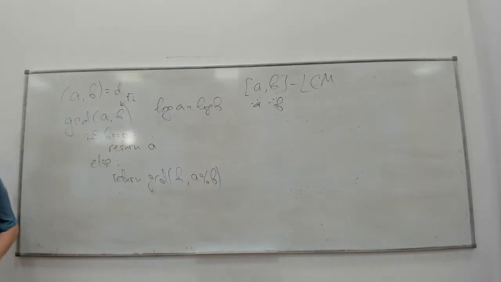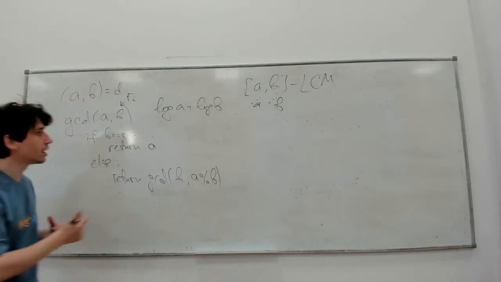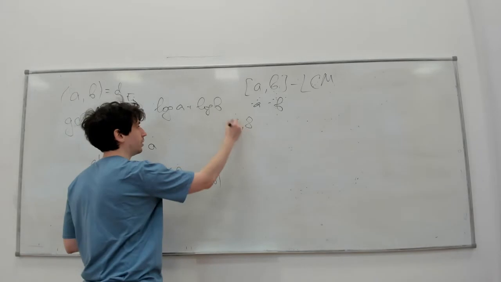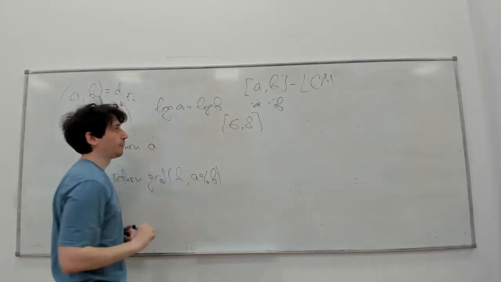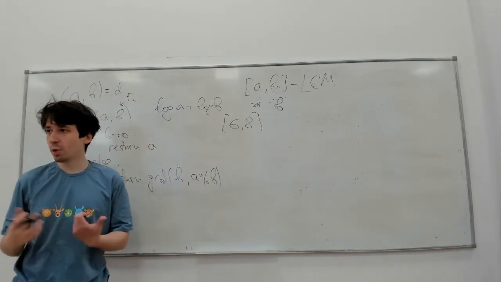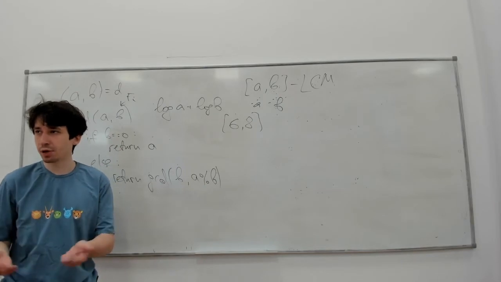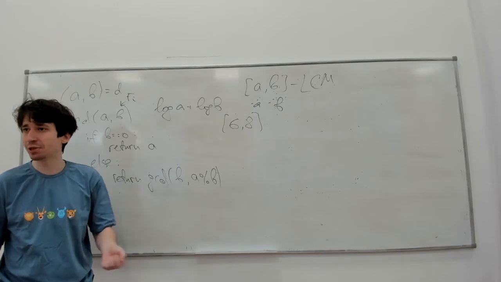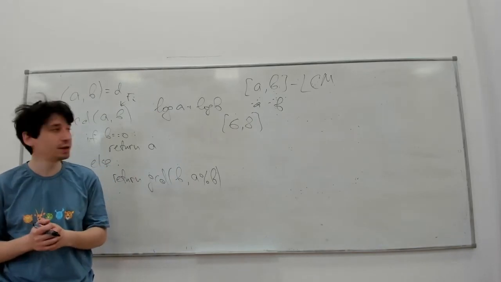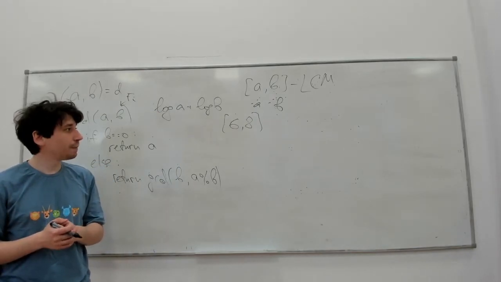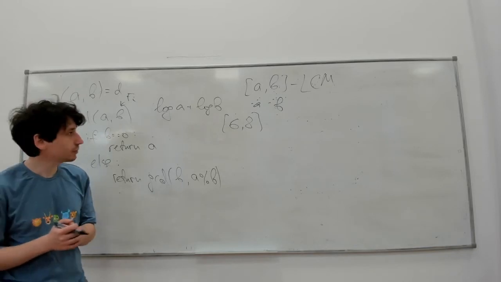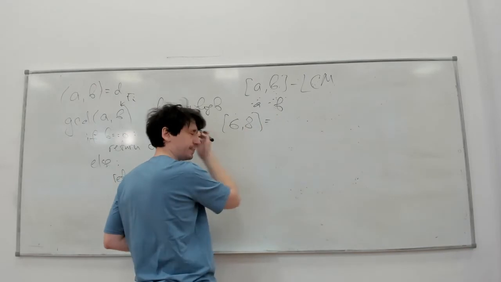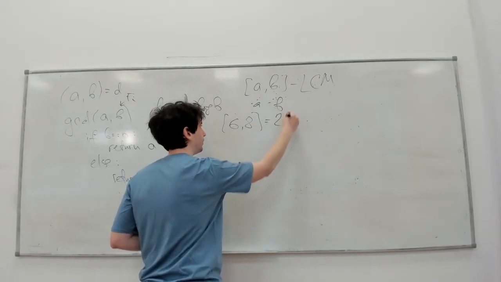Let's consider an example, like 6 and 8. You might suggest, why wouldn't we take A times B, because it is easier to do, but it appears that A times B is not the least common multiple. It is a little bit trickier. For 6 and 8, the answer will be 24.